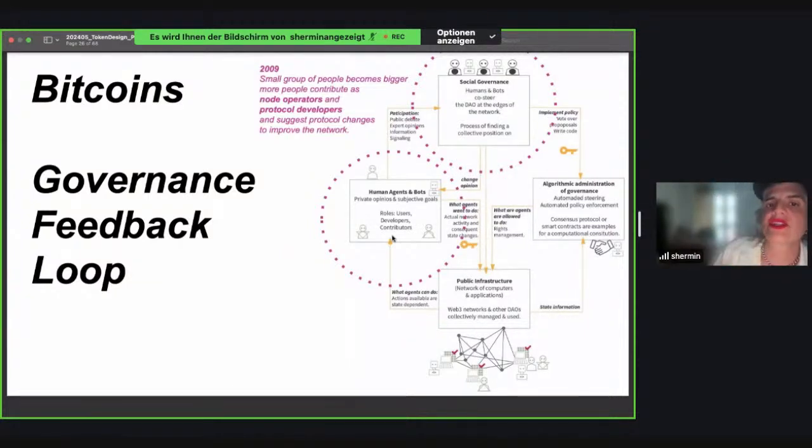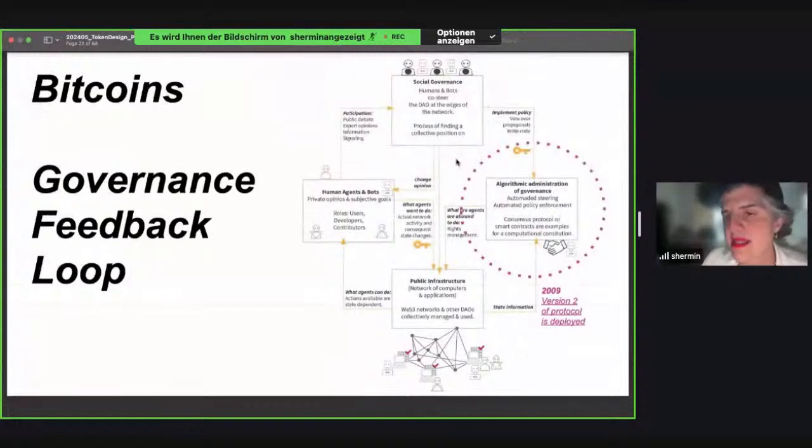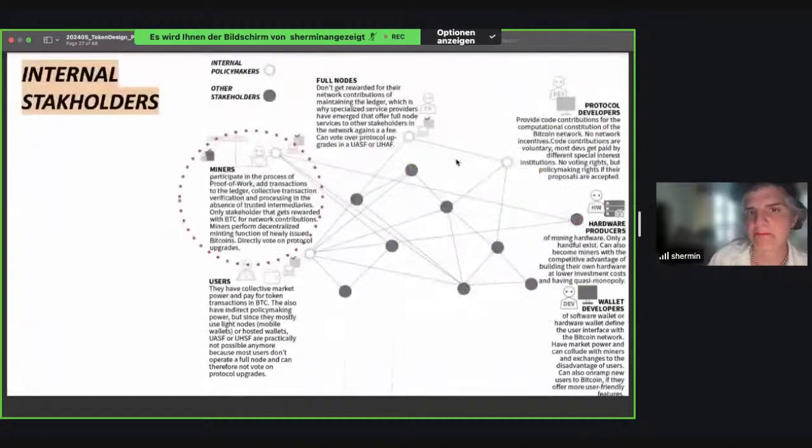They suggested protocol changes. There was the social governance process, until there was a consensus about how to create version 2 of the protocol, which was deployed, and then et cetera, et cetera, et cetera. So this feedback loop goes on and on as the group became bigger and bigger with time.